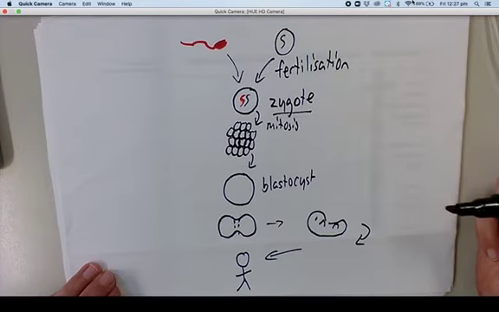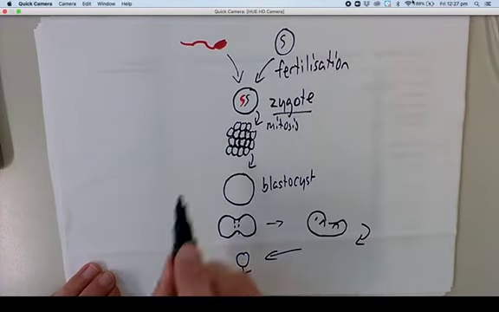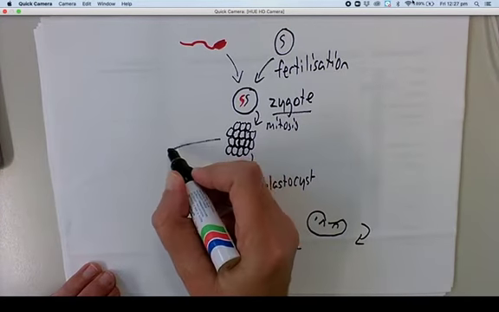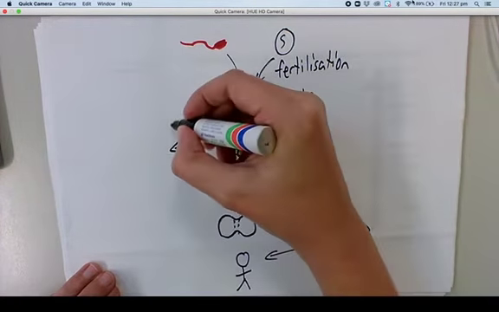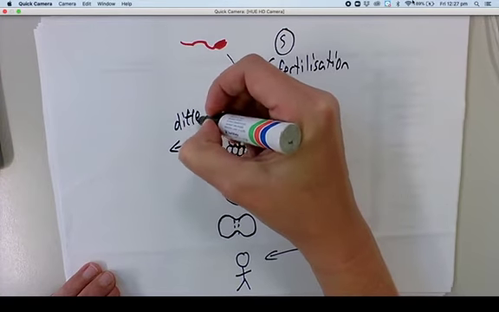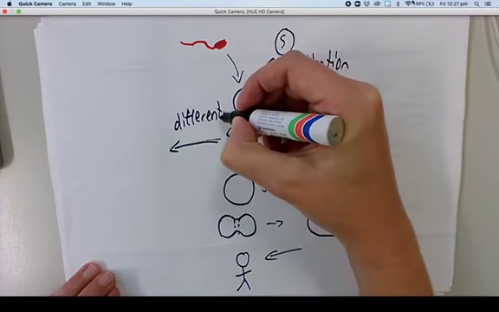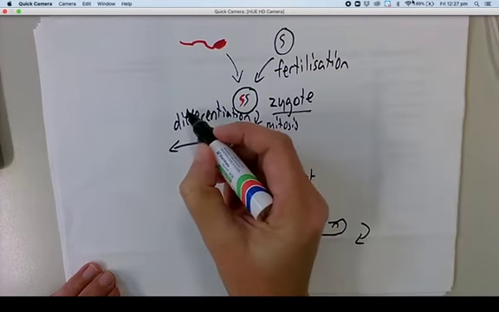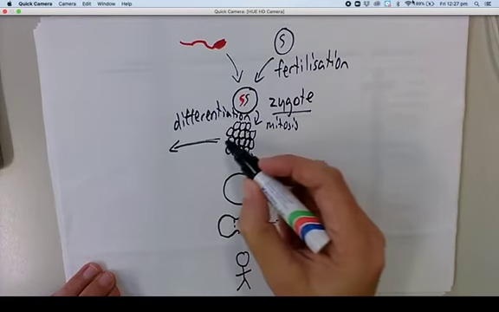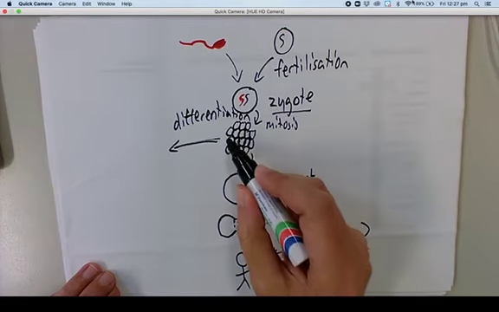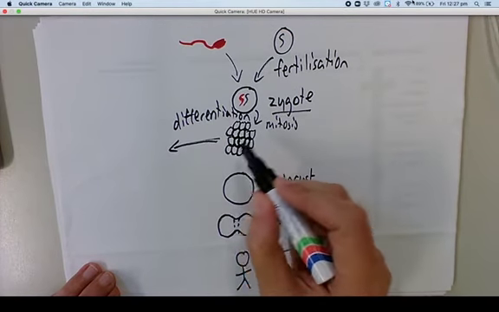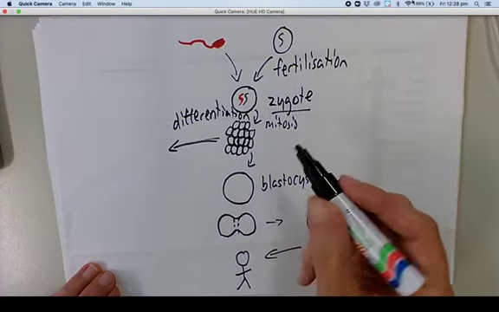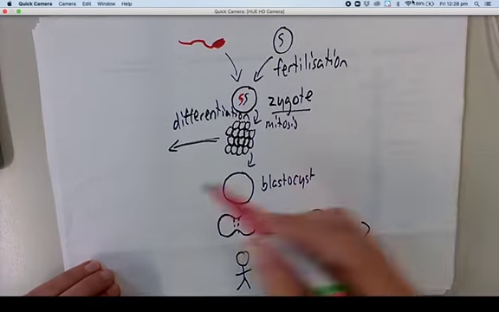What has to happen is these original cells have to undergo a process that we call differentiation. That's two F's. Differentiation. And that differentiation turns them from a very generic cell that's able to do all the usual cellular processes into a more specialized cell.